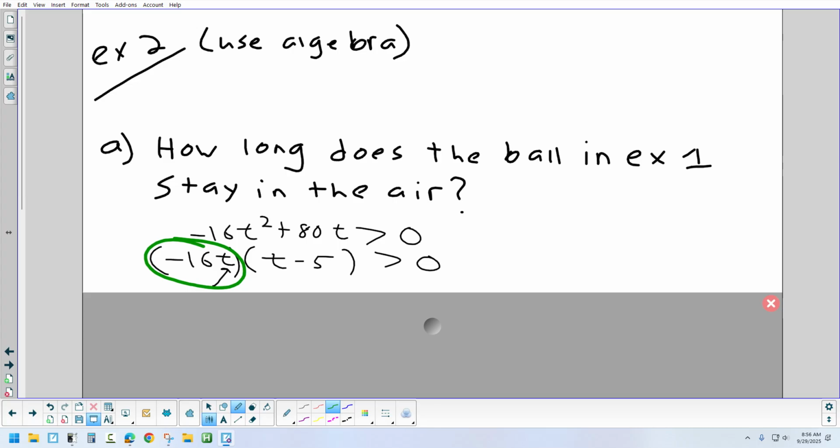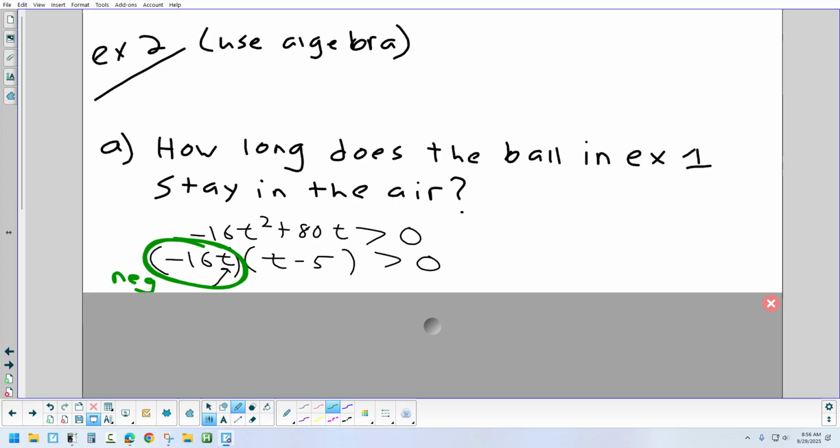If the time was 0, that's at the beginning of the experiment, the ball's still on the ground. So let's say that t technically has to be greater than 0. So if t is greater than 0, what kind of number is this green circle always going to give us? Yeah? Negative. That's always going to be a negative. There's nothing you can do about that. If you plug in a positive value for t, positive times negative 16 is always a negative.